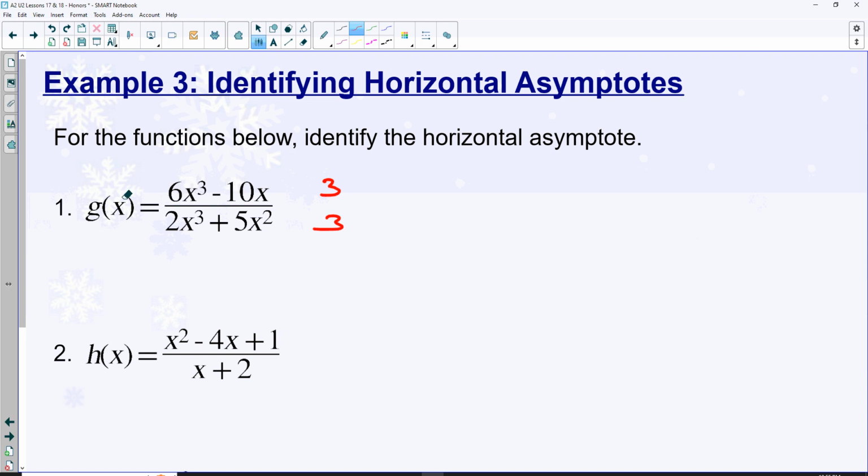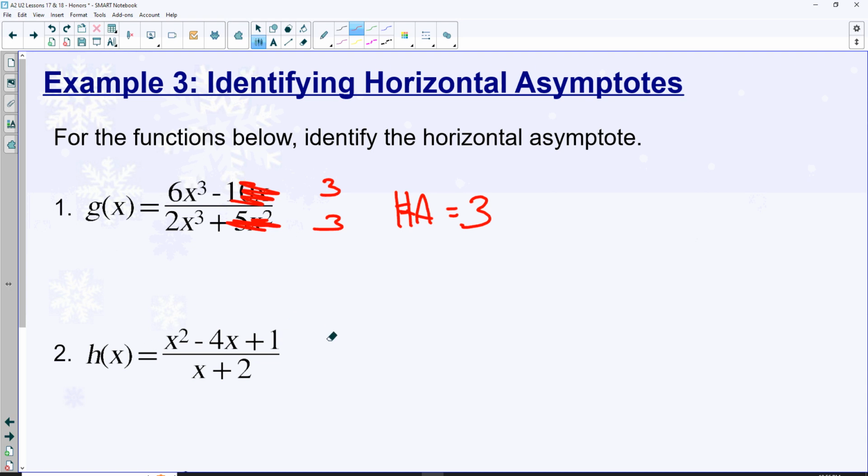When the degrees are the same, these x to the third terms are going to drown out the others. And all I have to do is divide, 6 divided by 2, so the horizontal asymptote is 3. As x gets bigger and bigger, this function is going to get closer and closer to 3. Okay, what about this one?